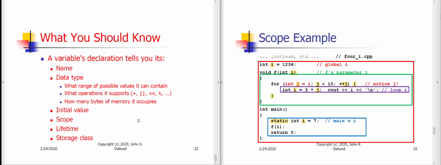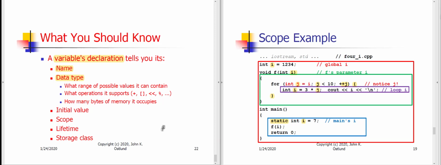Okay, so it's important to understand all of these characteristics, and that's why I've got this page 22 all in red. When you look at the declaration of a variable, that tells you an enormous amount of important information about the variable. Obviously, the name of the variable, and obviously the data type of the variable.